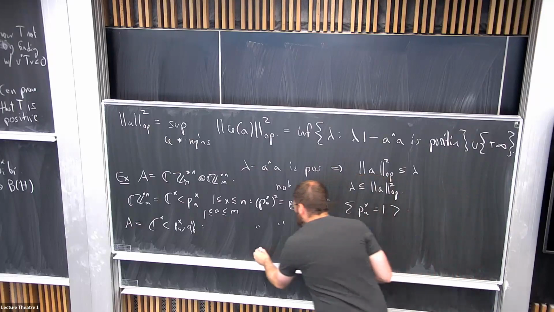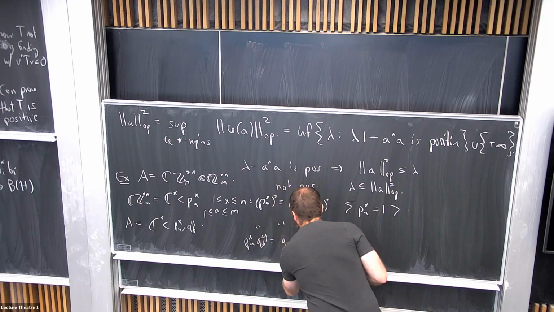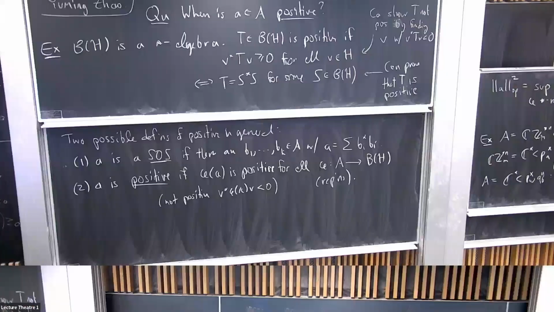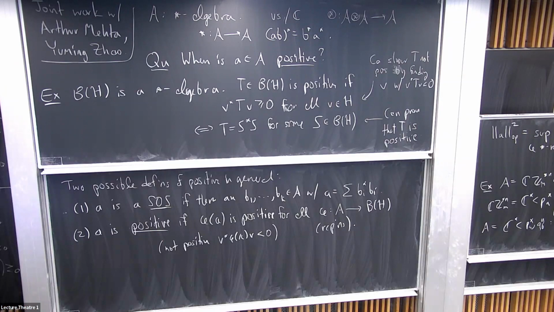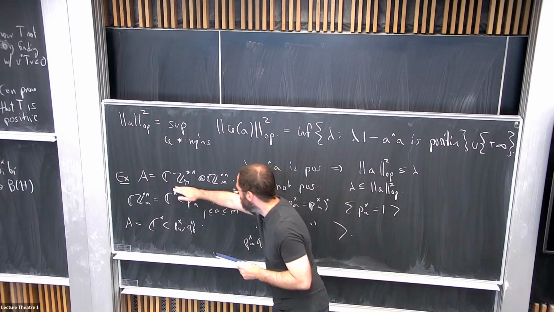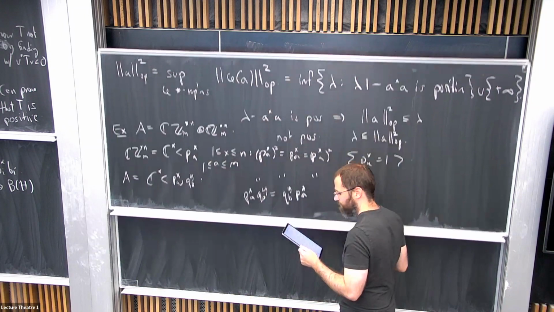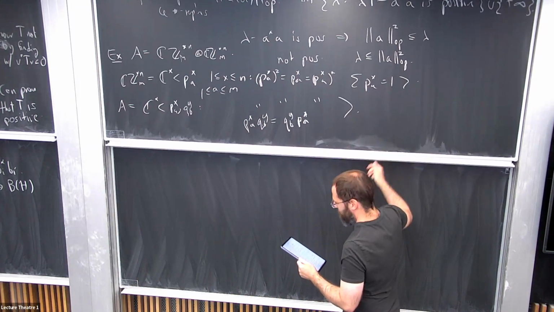But also then the pxa and qyb commute. So the p's correspond to the generators of the first factor, let's say, and the q's for the second factor.